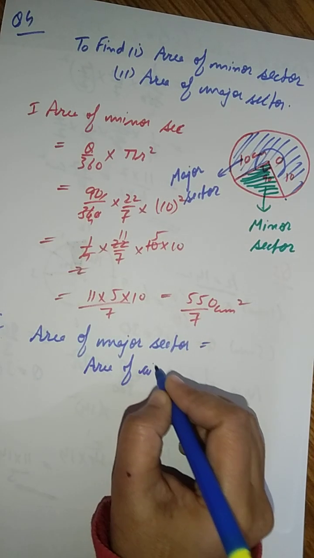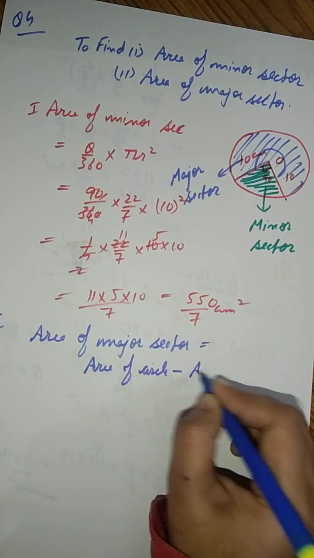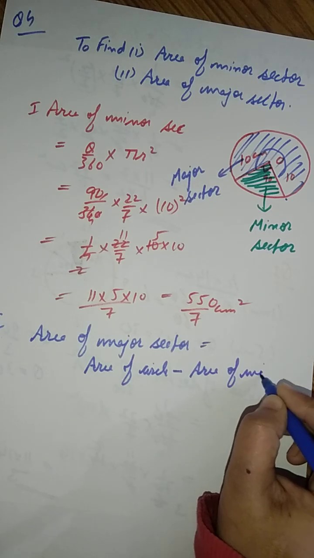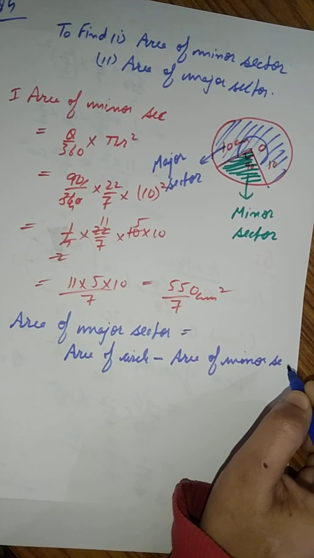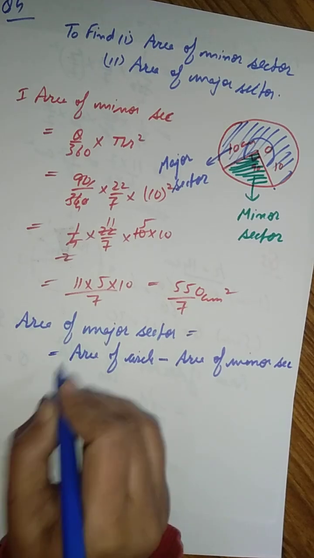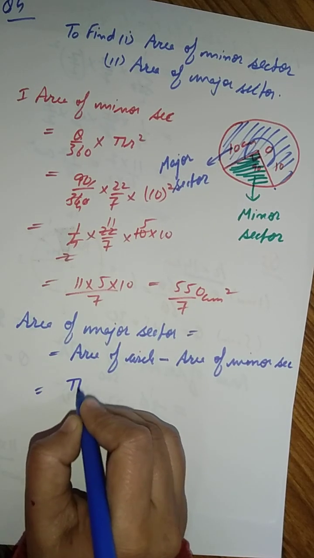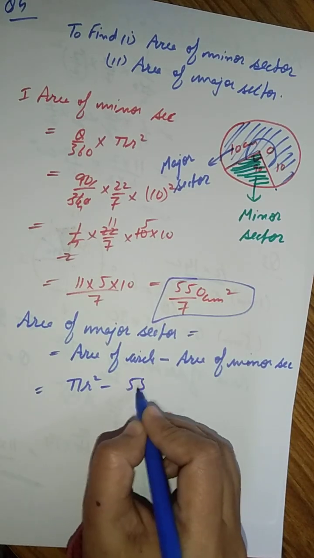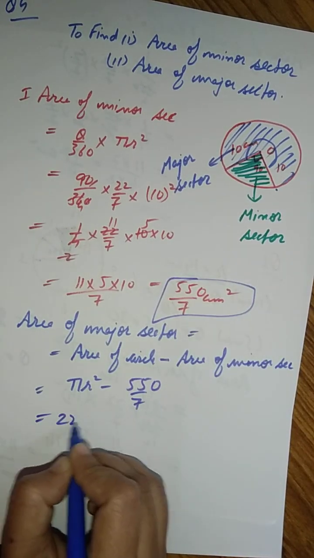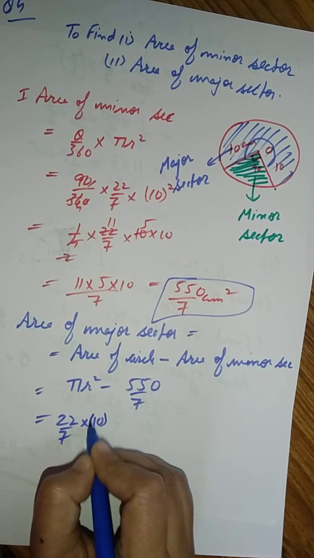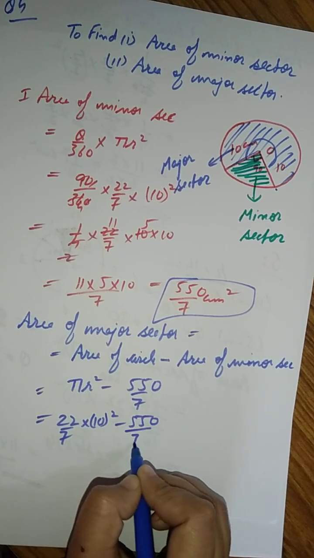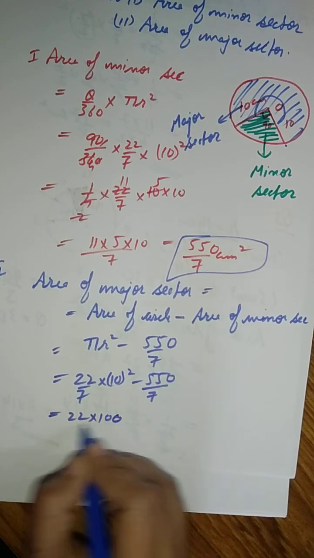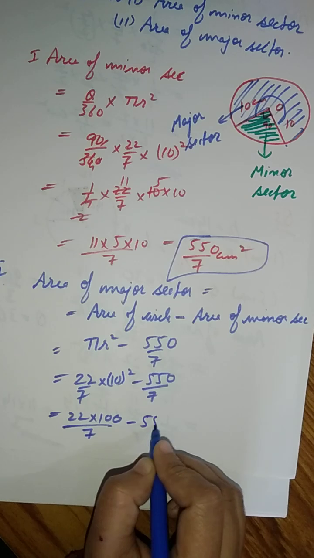Area of circle minus area of minor sector. We all know that the area of a circle is pi r square, and the area of the minor sector we have calculated. It is 550 upon 7. It is 22 upon 7 into 10 square, minus 550 upon 7. 22 into 10 square is 2200.